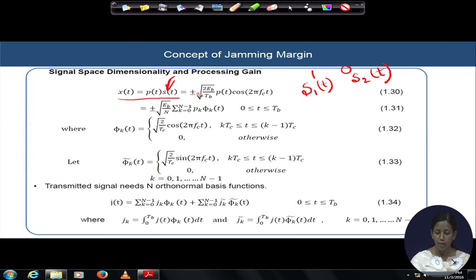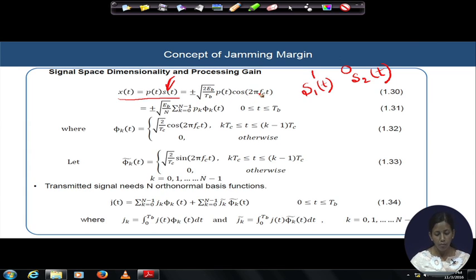If 1 is transmitted as plus square root of 2E_b by T_b cos 2 pi f_c t, then s2(t) will be minus square root of 2E_b by T_b cos 2 pi f_c t. Basically, the two signals are 180 degrees apart; a phase of pi plus cos 2 pi f_c t generates the minus of the same thing. This analysis is based on BPSK. So, p(t) into s(t) will now lead to plus minus square root of 2E_b by T_b p(t) cos 2 pi f_c t.